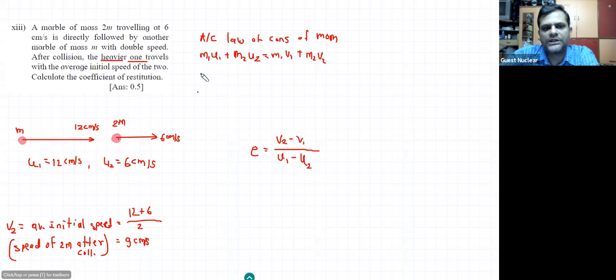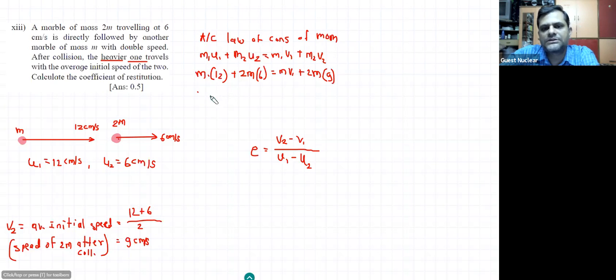Okay, so M1 is how much? It is M only. Into U1 is 12, correct? Plus M2 is going to be 2M actually. And U2 is going to be 6 here, which must be equal to M1, again M, into V1 is to be found out, plus M2, again 2M. Okay, so V2 is already obtained to be 9.